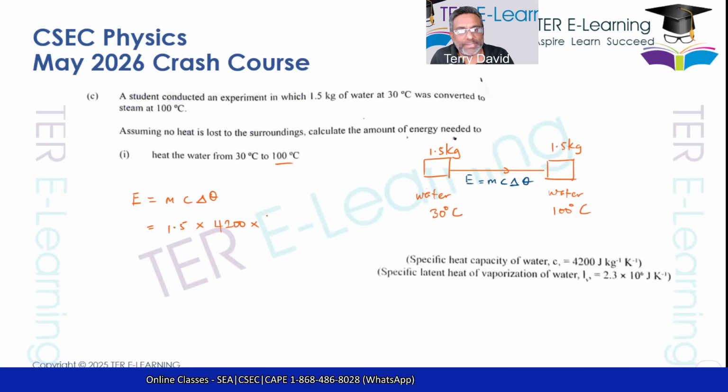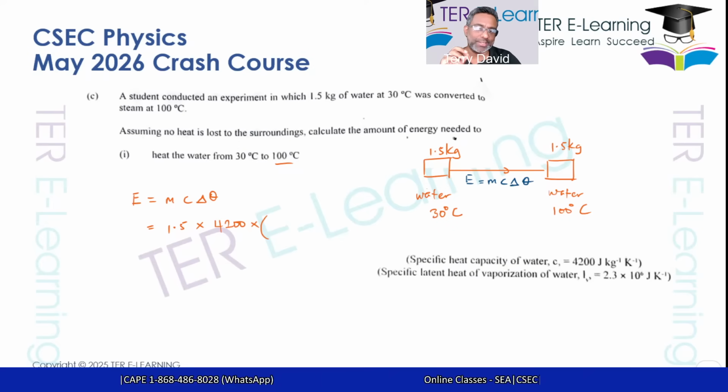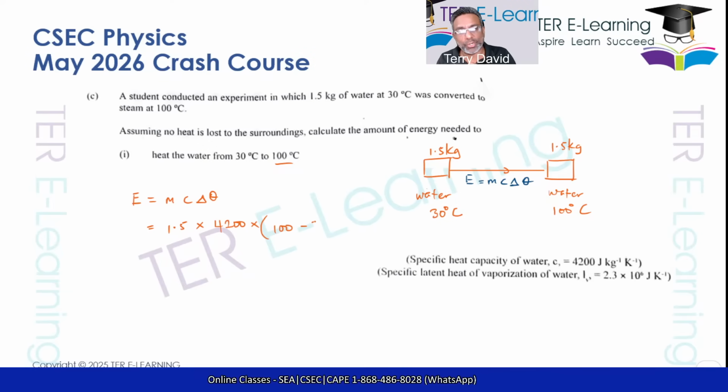multiplied by delta theta. Now, we're only concerned about the temperature change. I get this question a lot. Some students say, well, we're using final minus initial. Honestly, I don't really care if it's initial or final. All I'm concerned about is the difference. Going from 30 degrees to 100, that's a change of 70. So I'm just going to take the bigger number minus the smaller number.